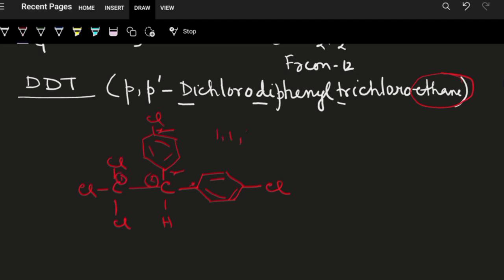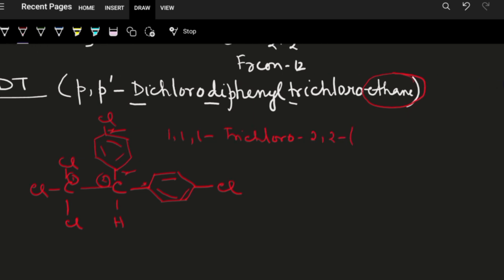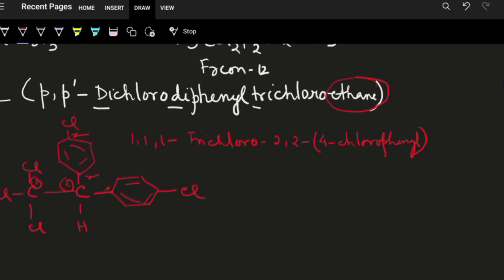So it will be 1,1,1-trichloro-2,2-bis(4-chlorophenyl)ethane. Ethane is parent.